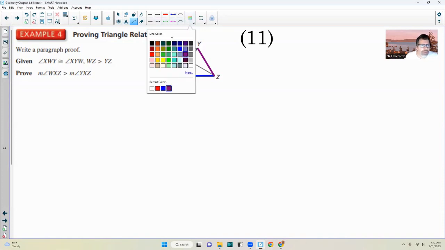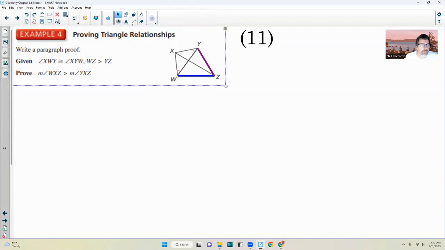But before I go any further, I can now conclude that, since this segment here, and let's put a T here, XT is congruent to itself. We have an angle here congruent to an angle here.